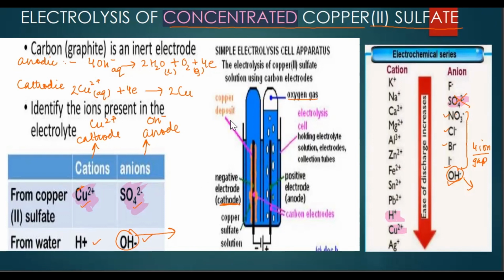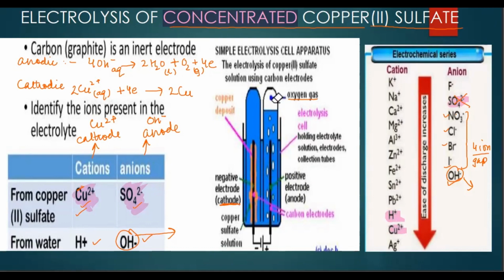So the observations for this particular electrolysis are that because the copper ions are being deposited and the copper ions are coming from the solution, the color of the solution is going to fade off, right? So the observations are, number one, the color of the solution will fade off. Number two, there will be pink deposits seen around the cathode.